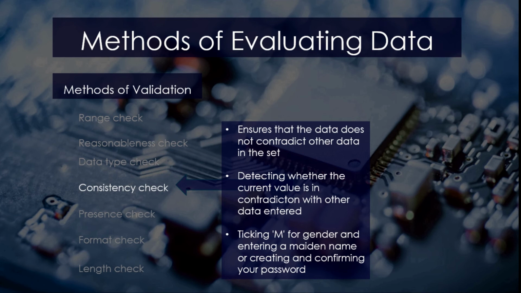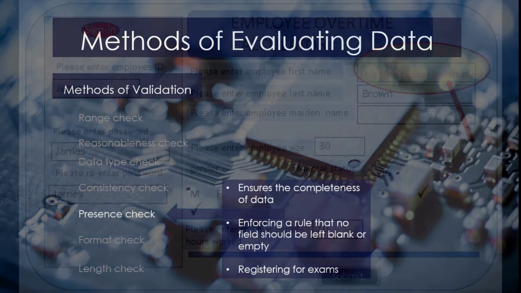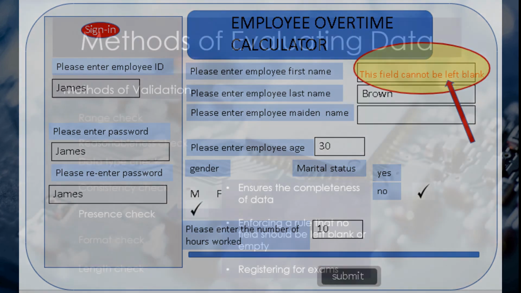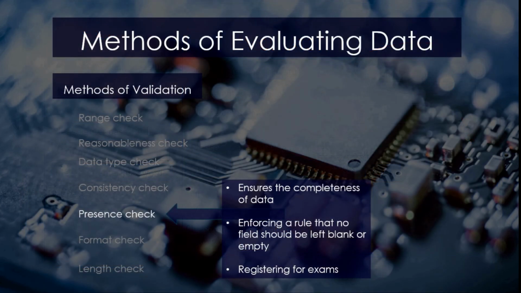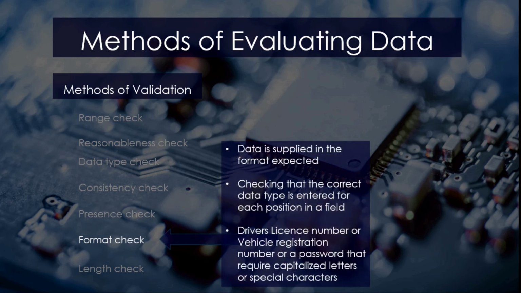Presence check ensures the completeness of data. The system enforces a rule that no field should be left blank or empty. For example, registering for exams. The format check ensures data is supplied in the format that is expected. The system checks that the correct data type is entered for each position in a field.